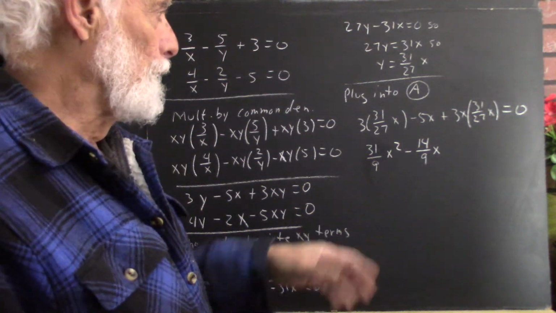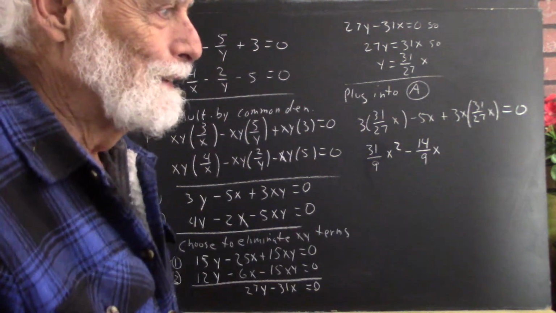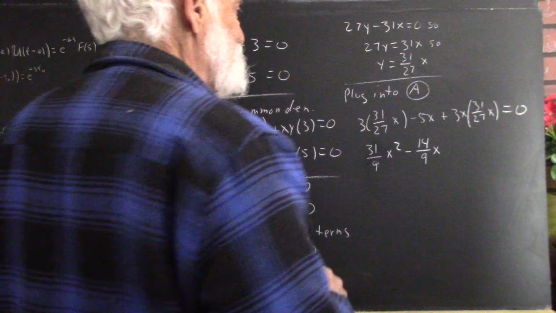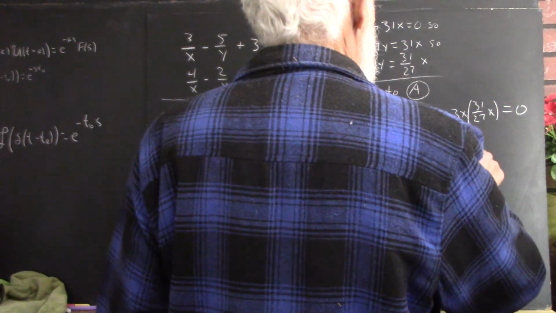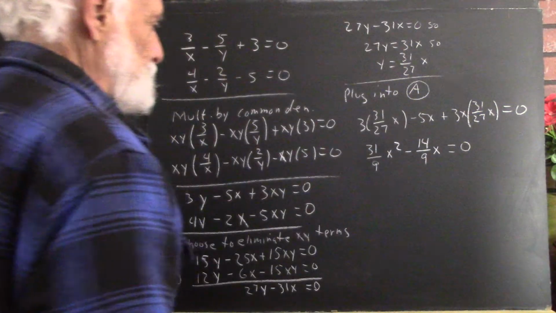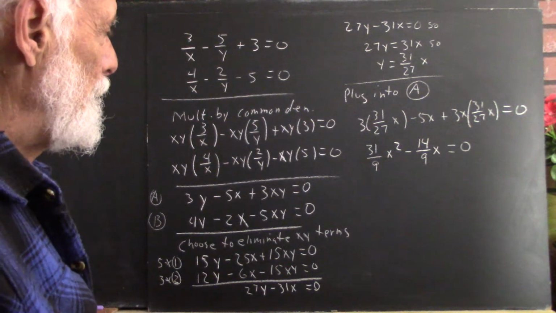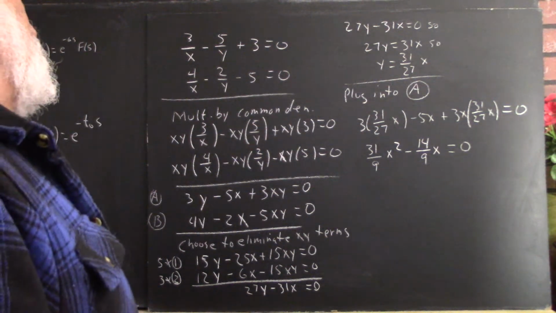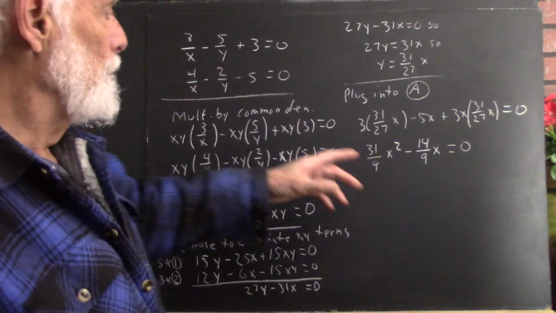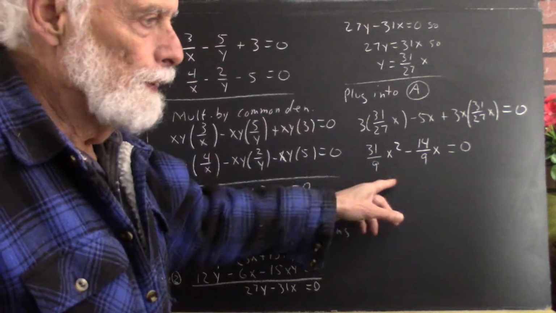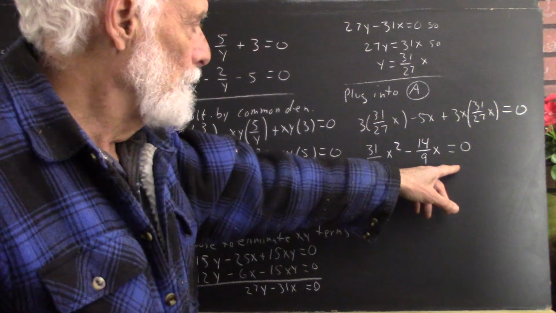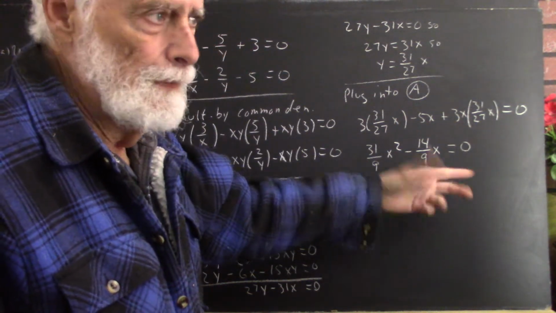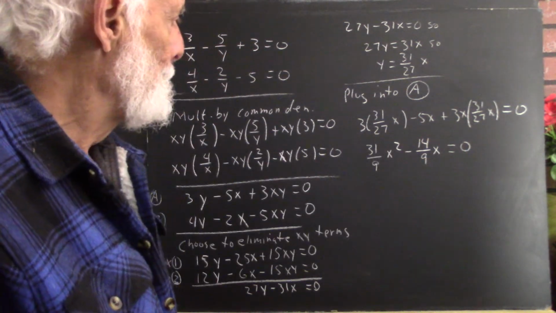Your book is a little nicer than I am. And with just plain old luck, it looks like we've got a quadratic that can easily be factored by factoring out the x.